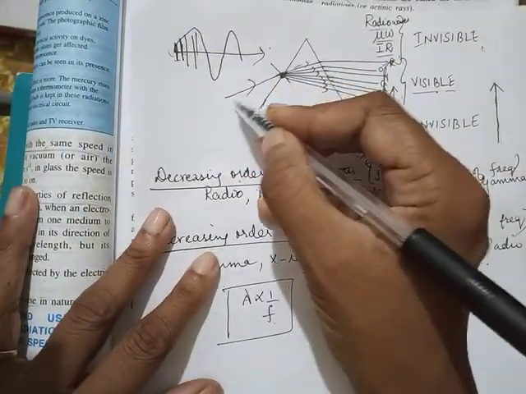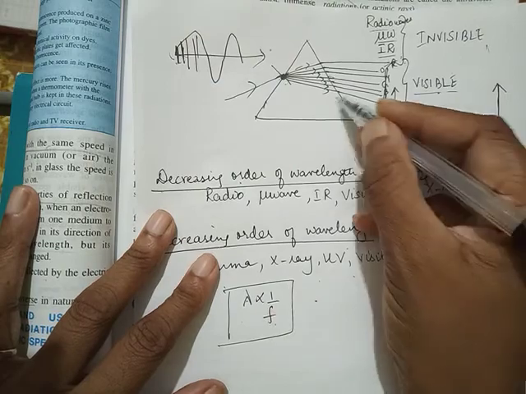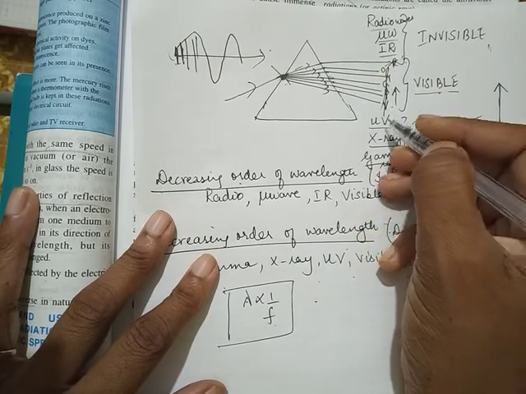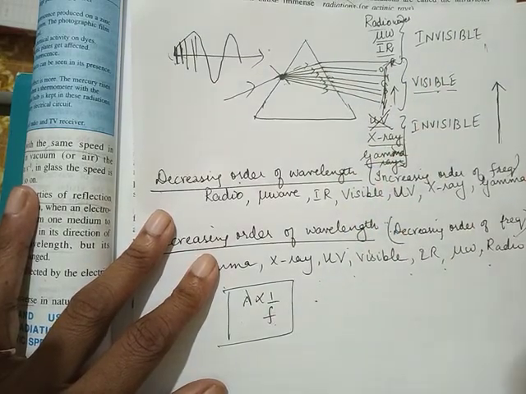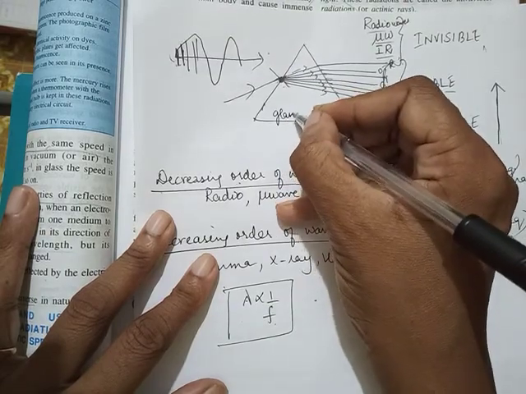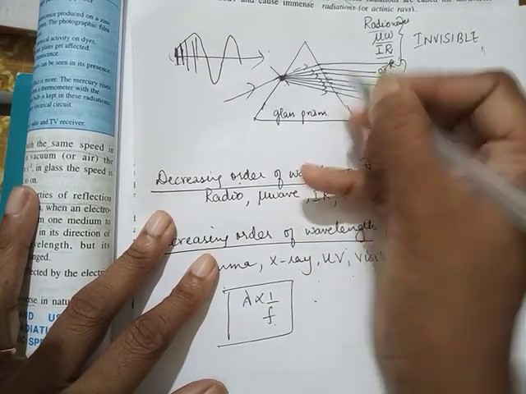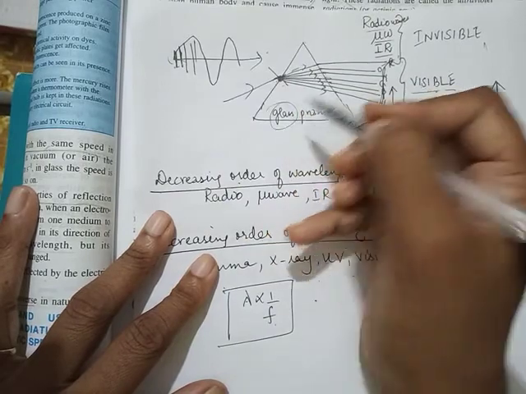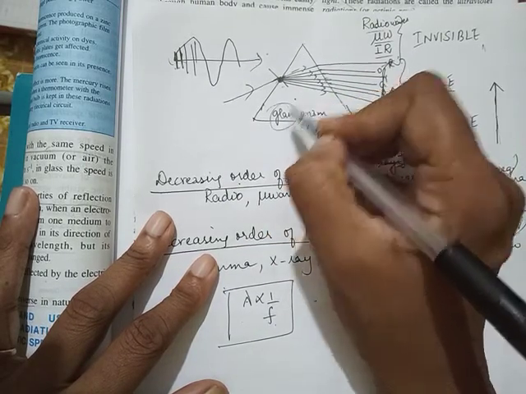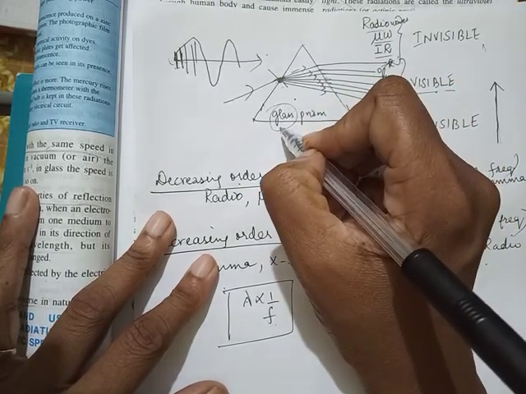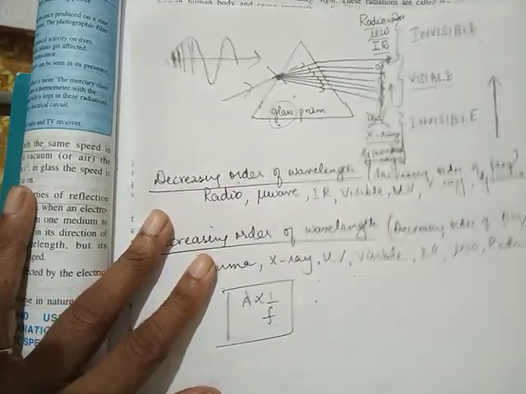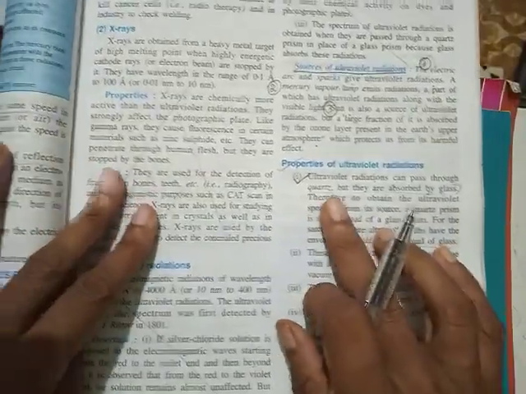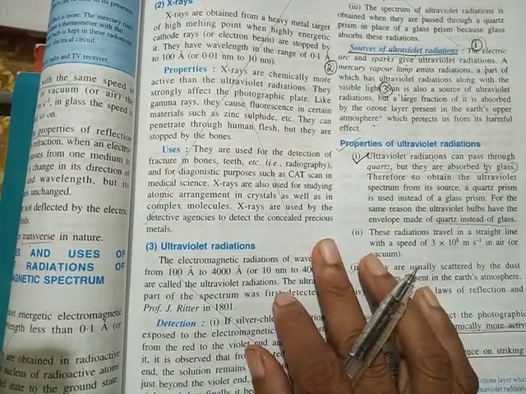Now, if I allow sunlight to pass on it, and in this spectrum, I can't get UV by passing it through a glass prism. I can't get UV radiations because glass absorbs UV radiation. Ordinary glass absorbs UV radiation. There are special glasses. Quartz is a special type of glass which is used in clocks and all that.